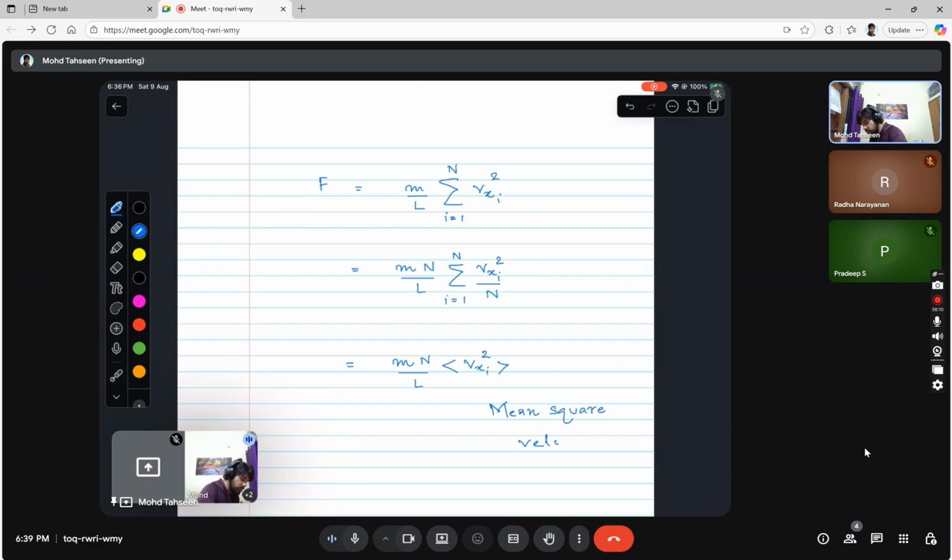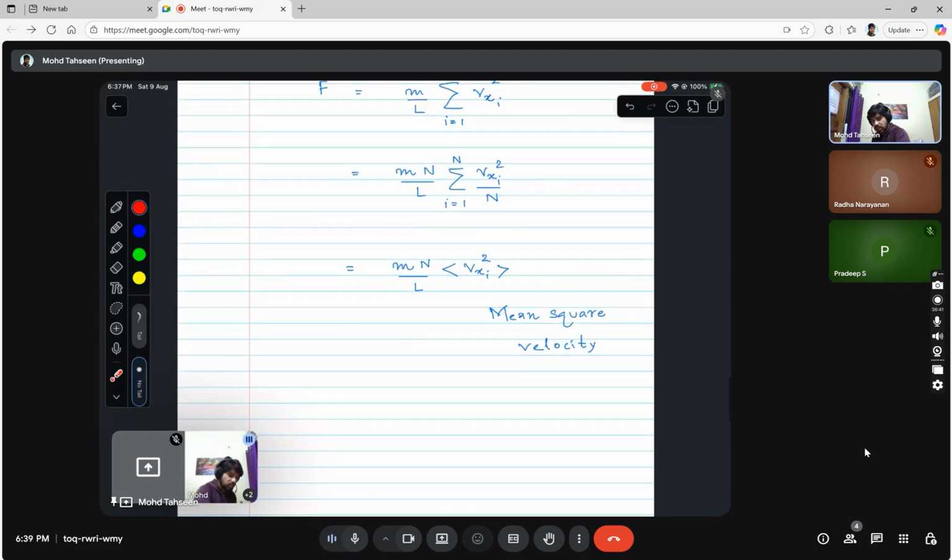We are not assuming here that every particle has the same component of velocity in the x direction. These could be different, right? But this quantity vxi squared in these brackets means that we are taking some kind of an average velocity which defines this cube of particles. And this is going to be the force exerted by these particles on the wall.